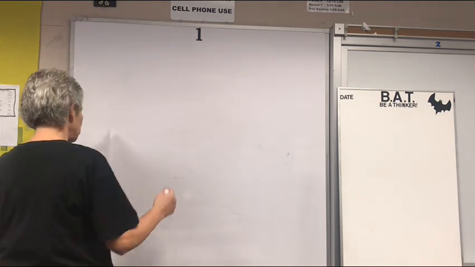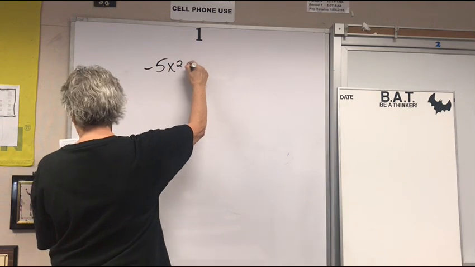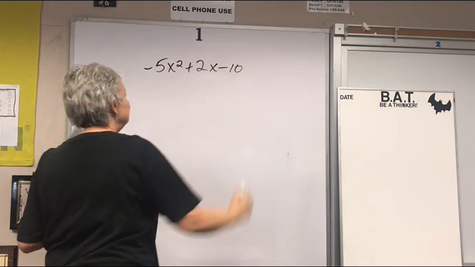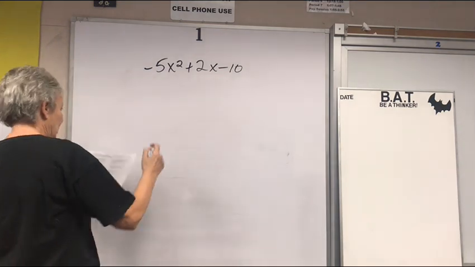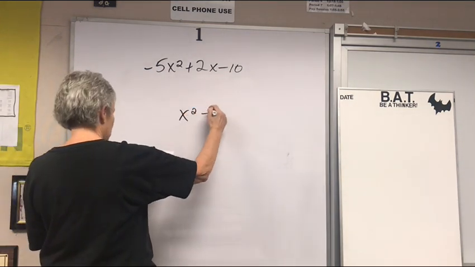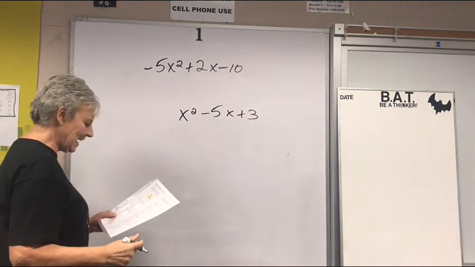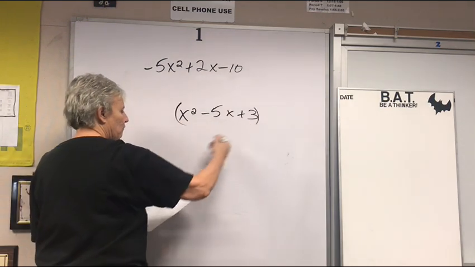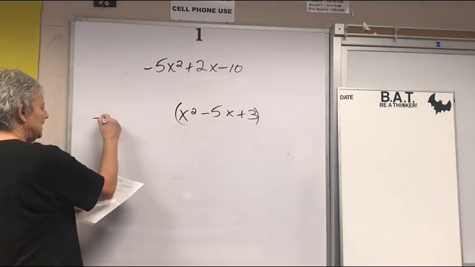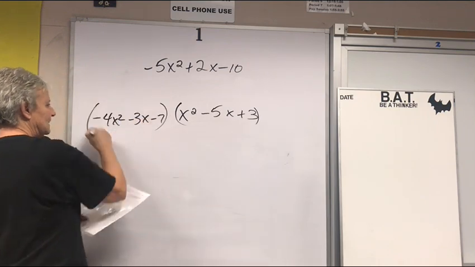I'm guessing you all missed number 5. I'm going to put the correct answer up. That is the answer to number 5. It says to take x squared minus 5x plus 3 and subtract it from negative 4x squared minus 3x minus 7.